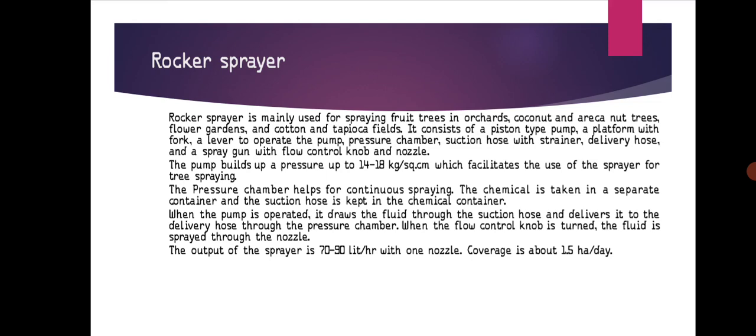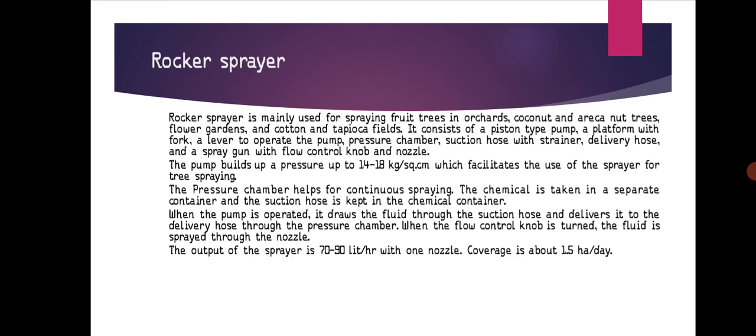Rocker sprayer. Rocker sprayer is mainly used for spraying fruit trees in orchards, coconut trees, flower gardens, and cotton and tapioca fields. It consists of a piston type pump, a platform with fork, a lever to operate the pump, pressure chamber, suction hose with strainer, delivery hose, and a spray gun with flow control knobs and nozzle.